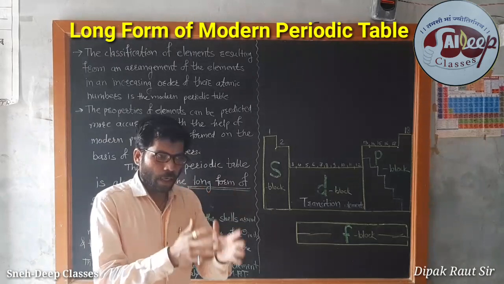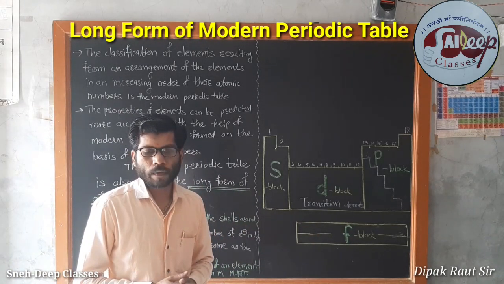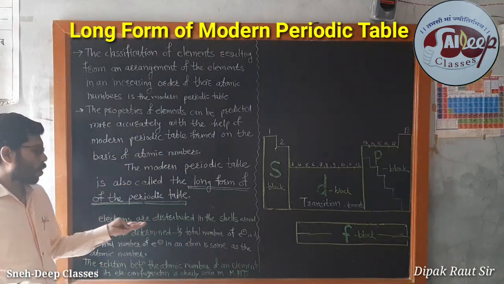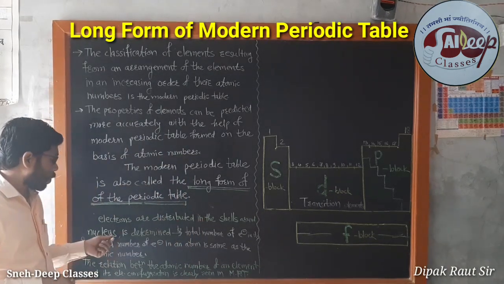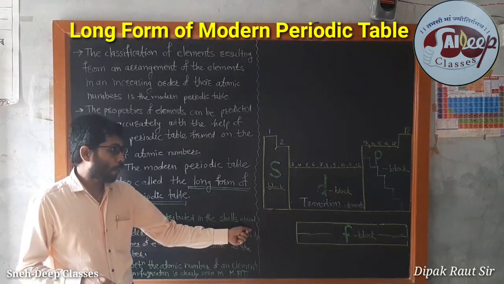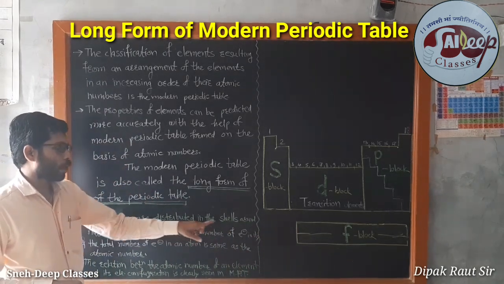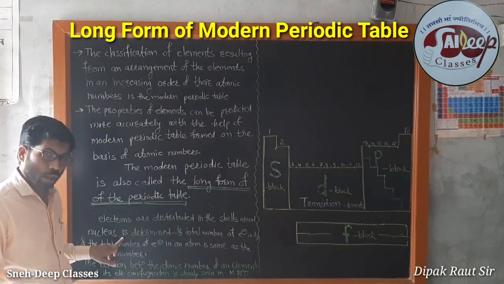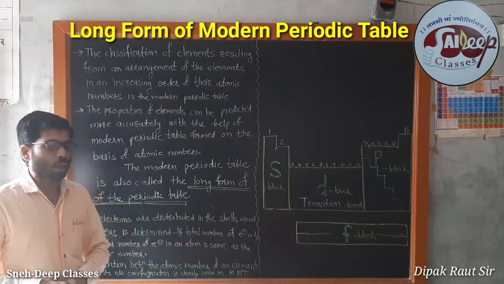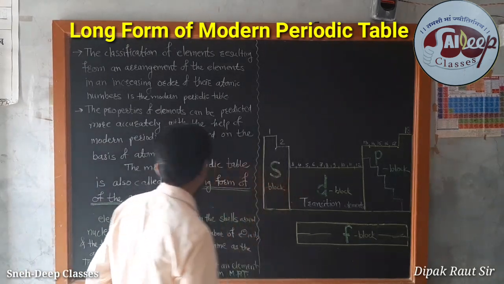The total electrons are distributed in cells around the nucleus, determined by the total number of electrons in it.